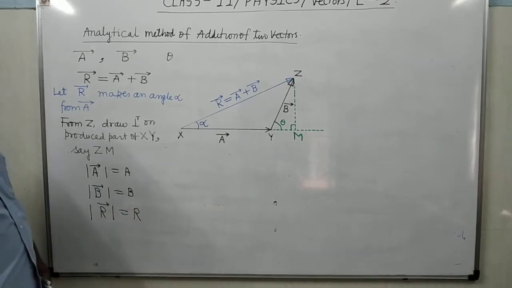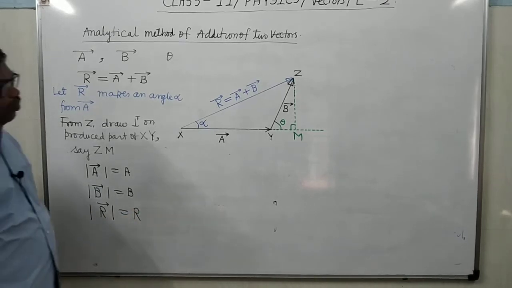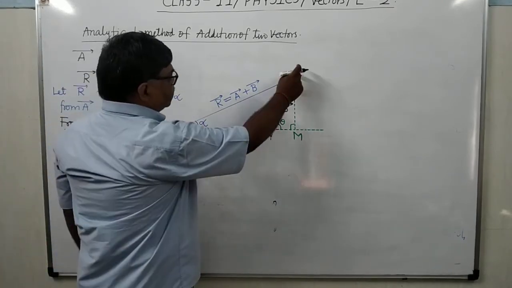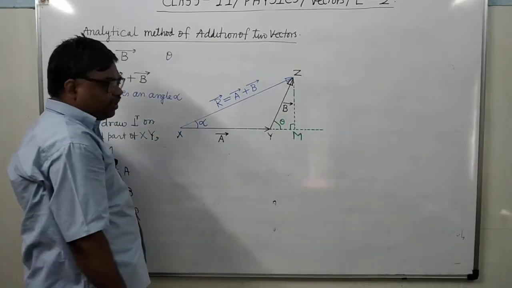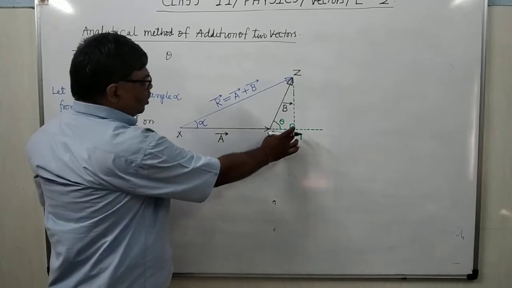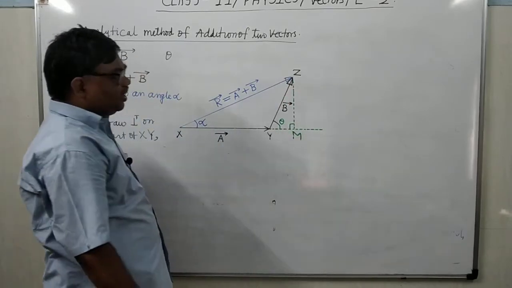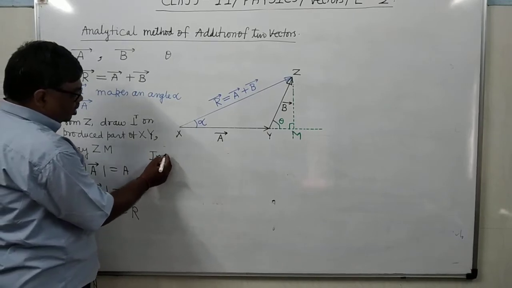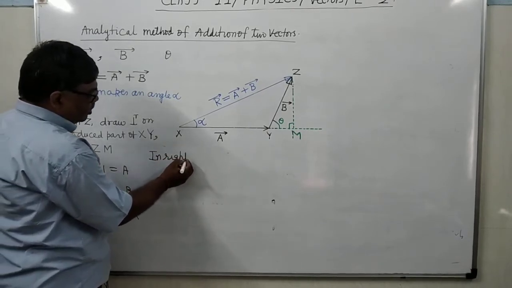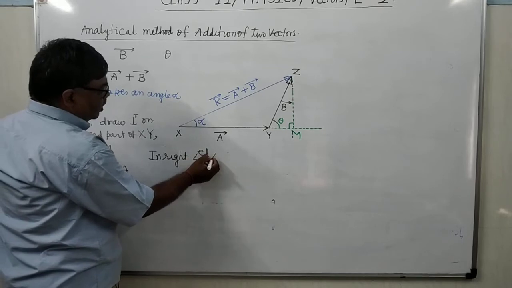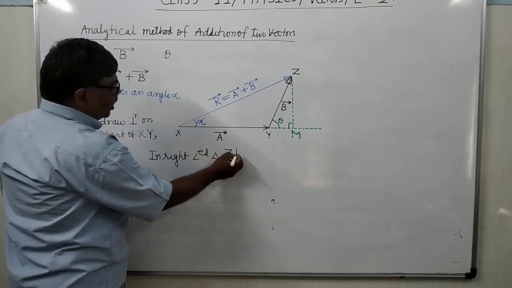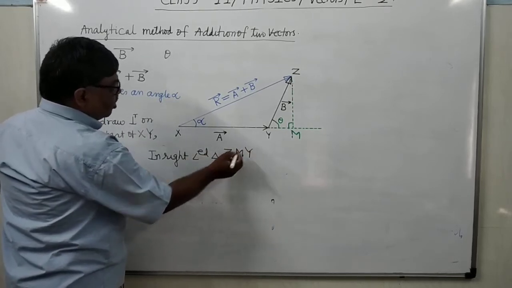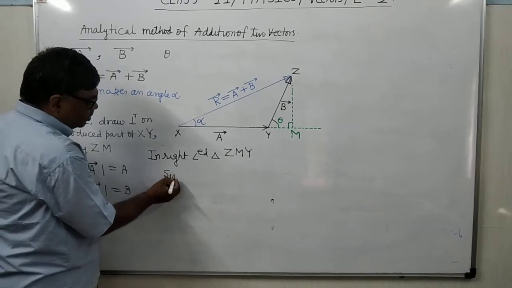So see here, first you see the triangle ZMY. Its length YZ is B. You find out MY and MZ in terms of B. So in right angle triangle ZMY, what will be sine theta?